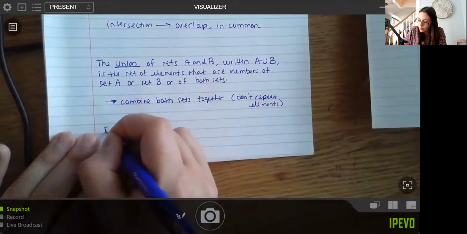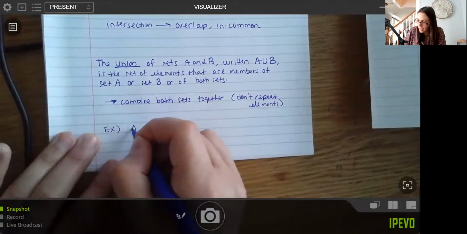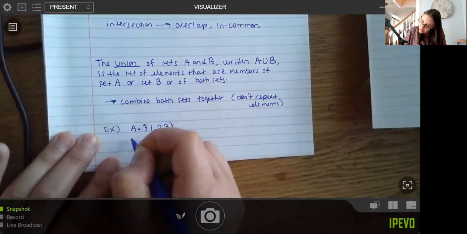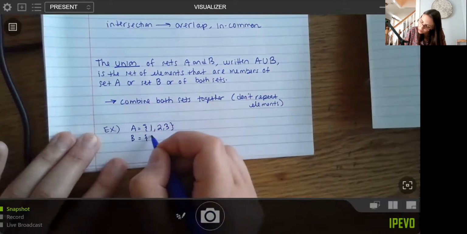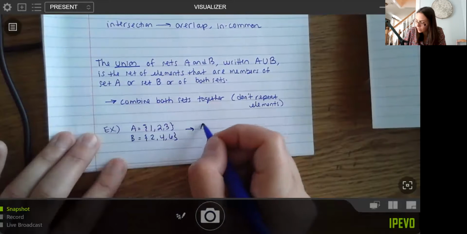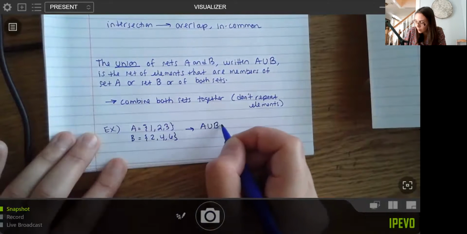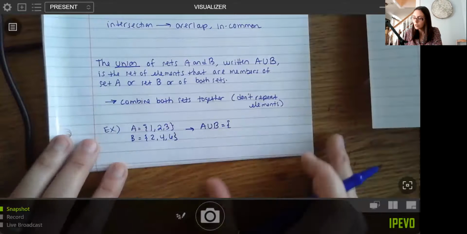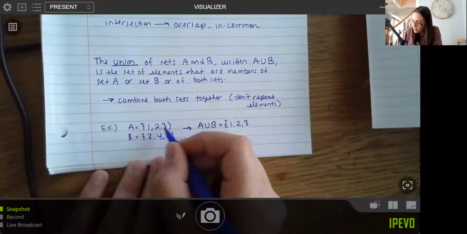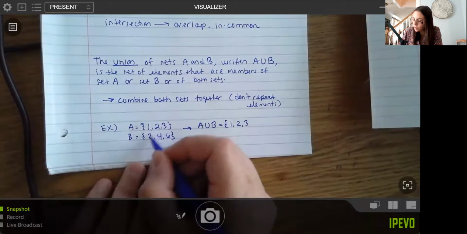So for example, let's say A was 1, 2, and 3, and set B here was 2, 4, and 6. Then A union B is just going to be all that put together. So I have 1, 2, and 3 from A. And then for B, I don't have to repeat the 2 because I already have it.